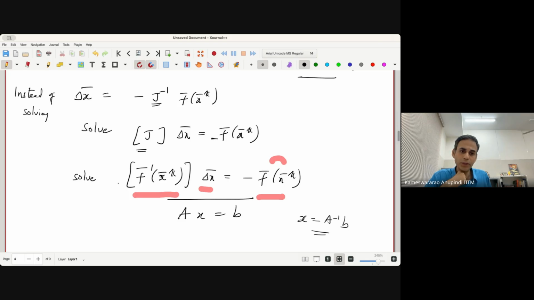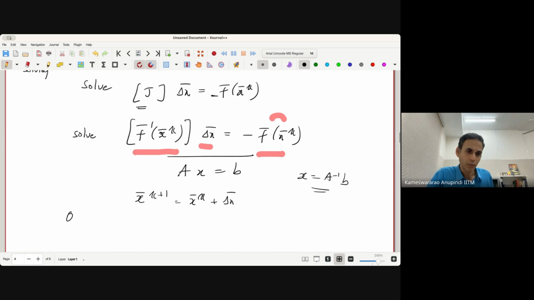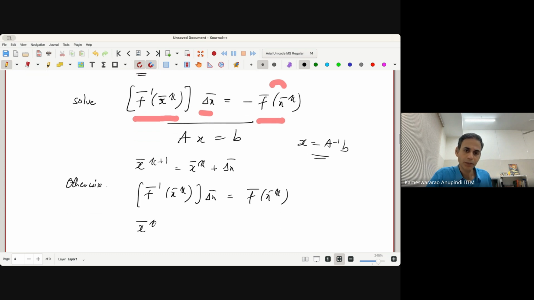So we're going to solve this system, and then update x bar k plus 1 equals x bar k plus delta x bar. Otherwise, we're not going to keep the minus there. Rather, we're going to solve for f bar prime x bar k times delta x bar equals plus f bar of x bar k, and then subtract off this delta x bar while updating x bar k plus 1.